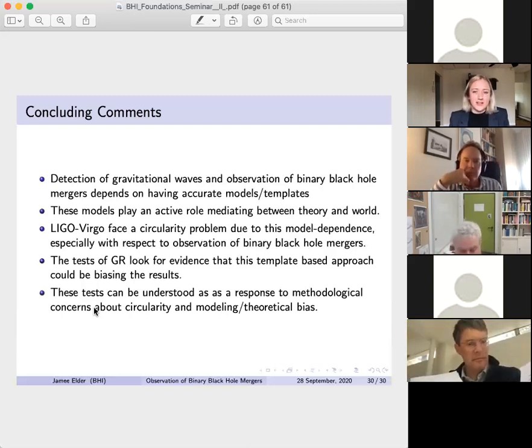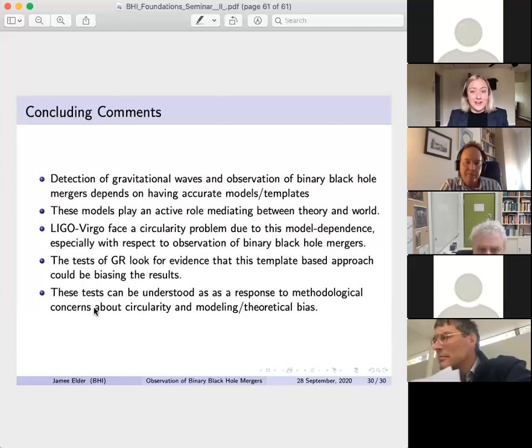There's the difficulty of generating 250,000 templates for GR, which, I mean, it's not like we have an amazing handle on solutions to GR, but we do have a much better handle than we do for most of the alternatives. Trying to replicate that for other theories would be nice to do, and it would certainly cut against the circularity concerns, but it's going to be really hard.